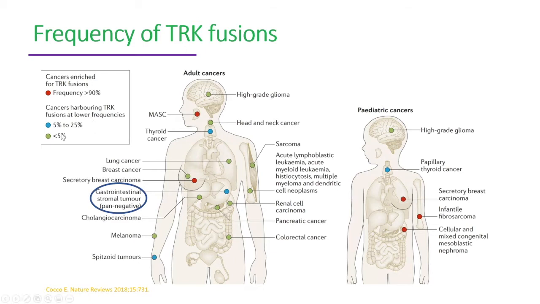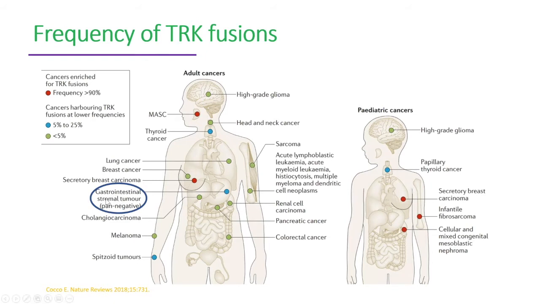And then they found it at a lower prevalence, less than 5%, in other tumors, which are the common ones. But if you look at the blue one, which is not a bad percentage at all, which is 5 to 25% in thyroid, colon, and also lung. Even though it seems very small, this percentage is very critical in the treatment of solid tumors.